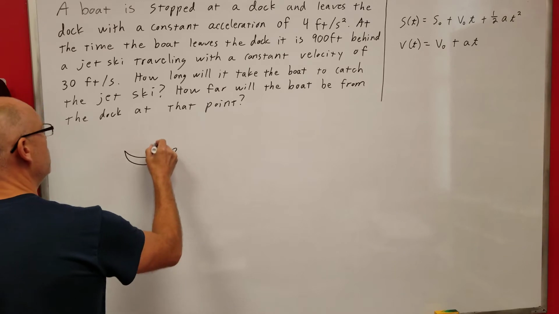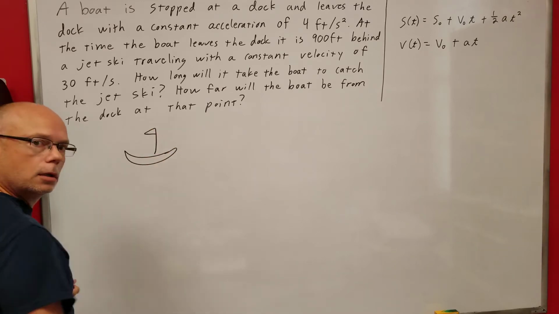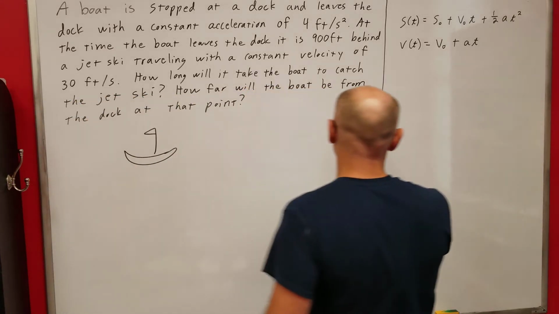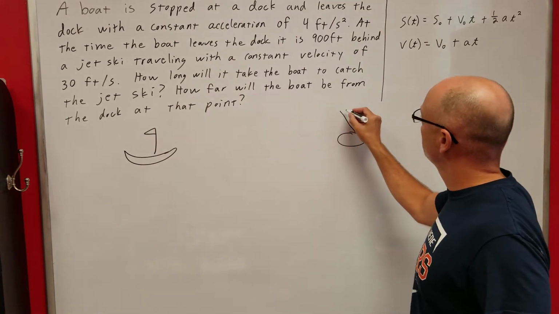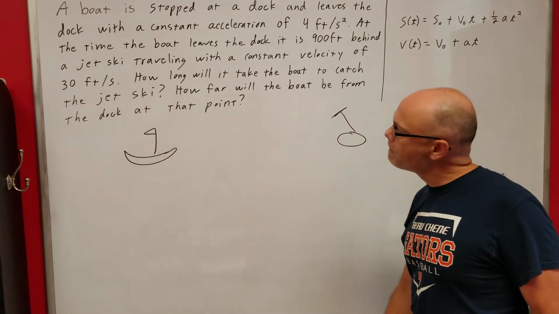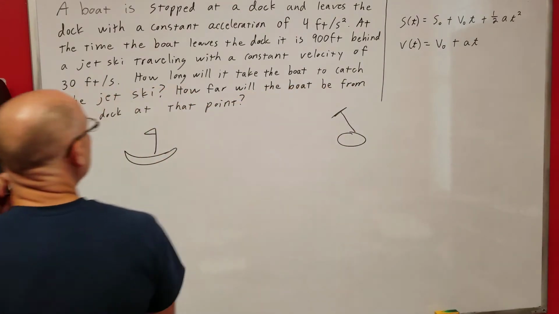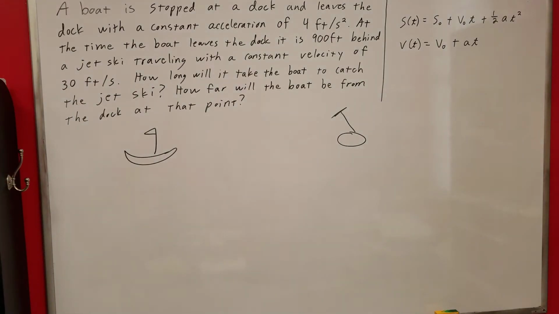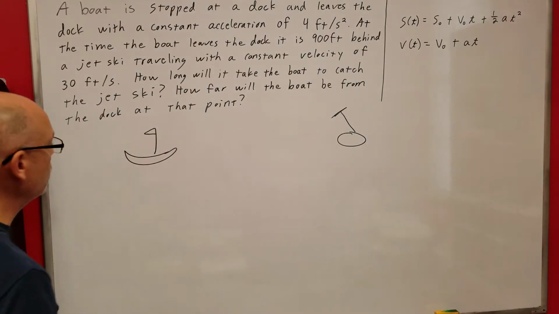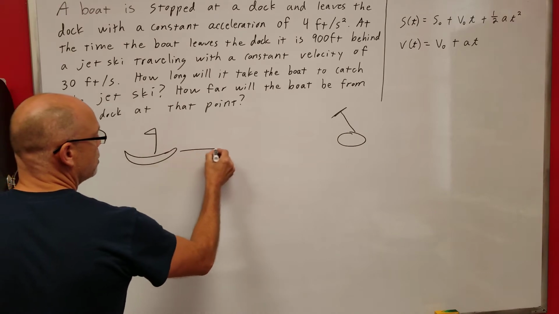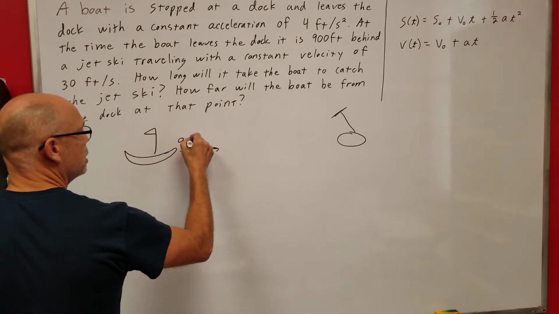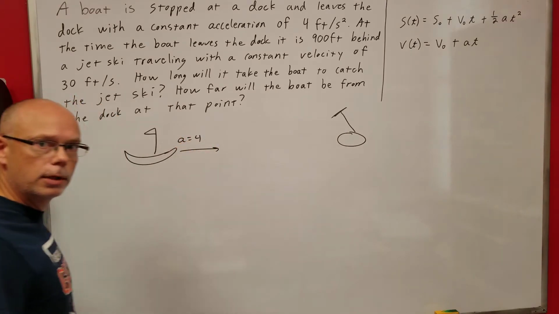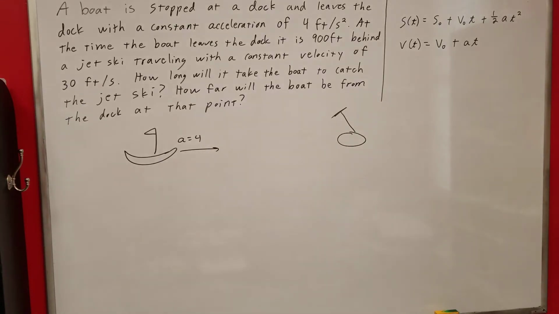Here we have a boat. Over here, we have maybe a jet ski, okay? Now, a boat is stopped at a dock and leaves the dock with a constant acceleration of 4 feet per second squared. So I'm going to say A is equal to 4 here, okay? I'm not going to worry about the units right now. At the time the boat leaves the dock, it is 900 feet behind a jet ski.